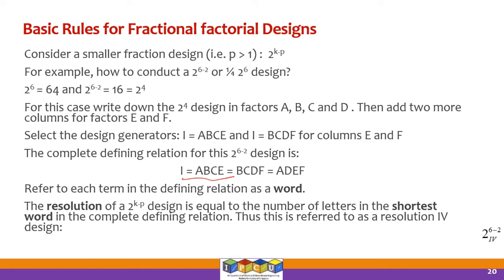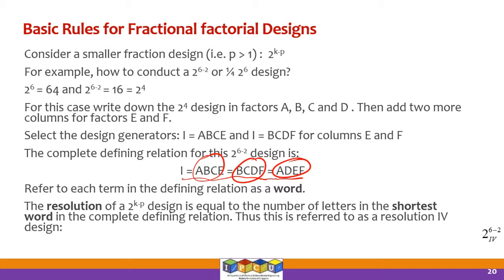I is equal to ABCE equals BCDF equals ADEF. Now, each of these terms is called a word. So this is called a word, this is called a word, this is called a word. So the resolution, this is a formal definition of the resolution of a 2 to the power of k minus p design. It is equal to the number of letters in the shortest word.